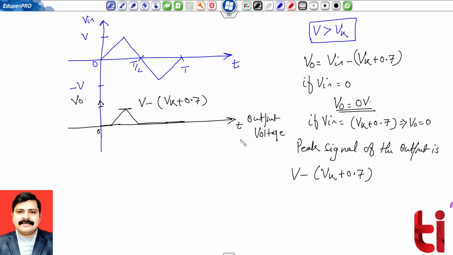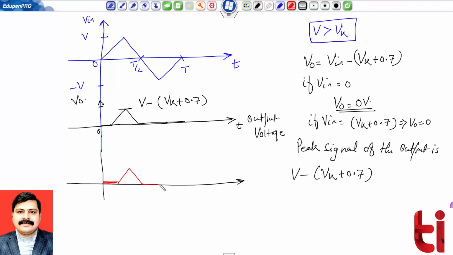And if you want to find the current also, then you can find the value of current. Suppose let me draw the waveform of current also over here. This is the output voltage and output current. The waveform of current will also be the same, because during the case when output voltage is 0, the current is 0.